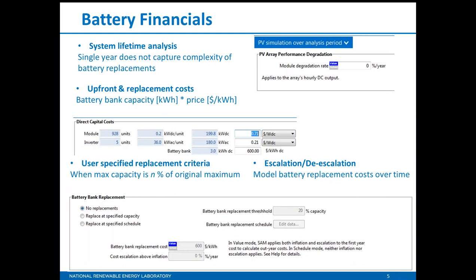Or you could also choose to replace it at a certain schedule. For instance, if you want to replace your battery every 15 years, you could program that. You can also choose what replacement cost to use for those battery replacements. And you can also look at things like, what if battery costs decrease significantly in the future? SAM can help answer those kinds of questions.